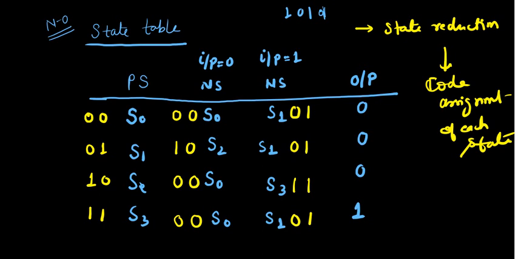If you have two flip-flops, there are four possibilities: 00, 01, 10, 11. And accordingly, you can say which state we are in. So this is the output of the first flip-flop, and this is the output of the second flip-flop.